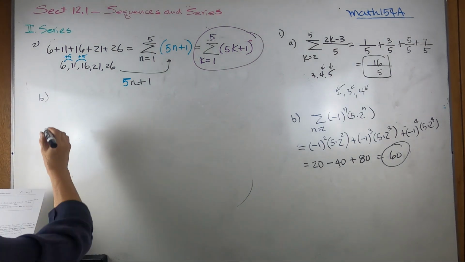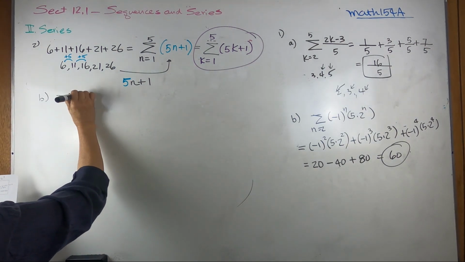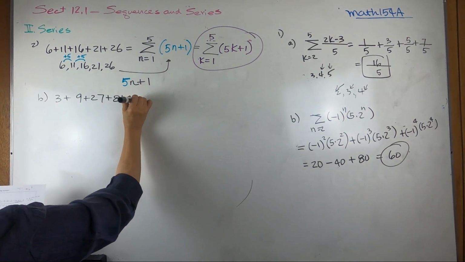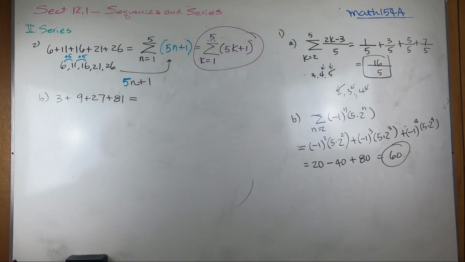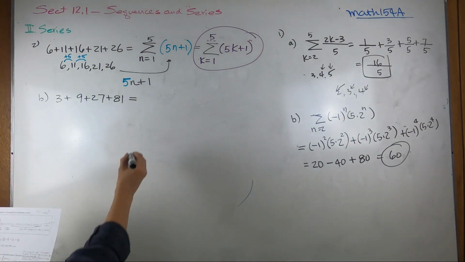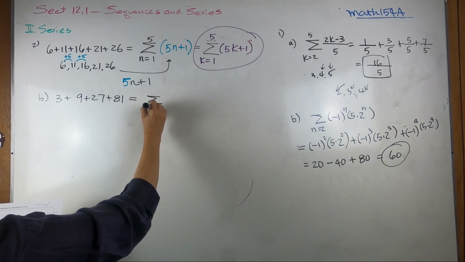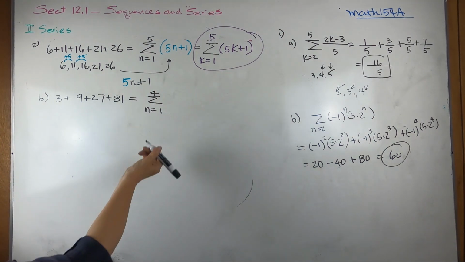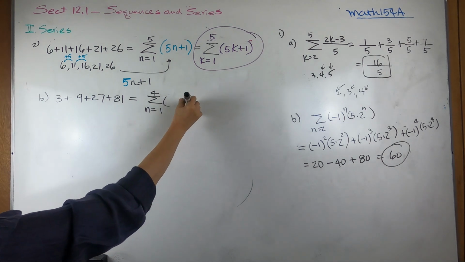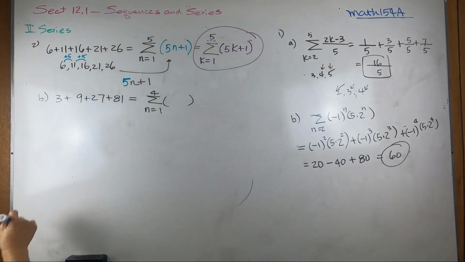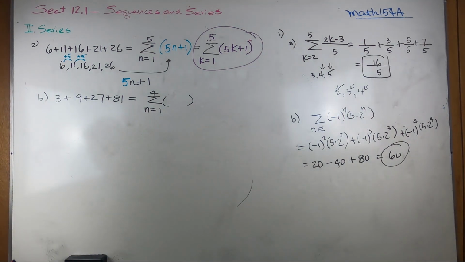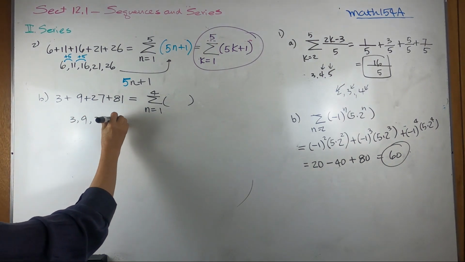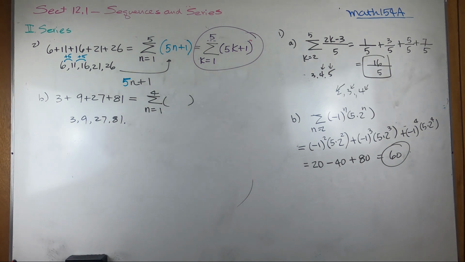Look at the second one. 3 plus 9 plus 27 plus 81. So, do we have a finite series, right? So, sigma n is 1 to some number. How many numbers do we have? 4, right? Then we need to find a general term for it. For this sequence, are we multiplying or adding?